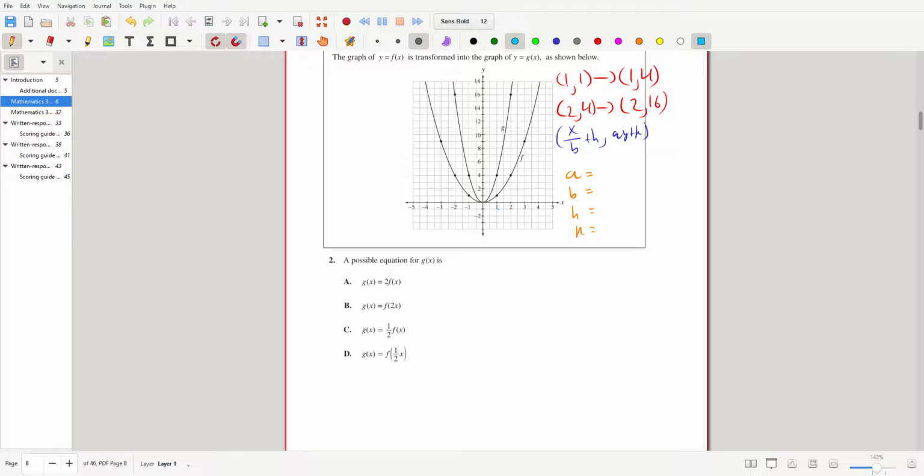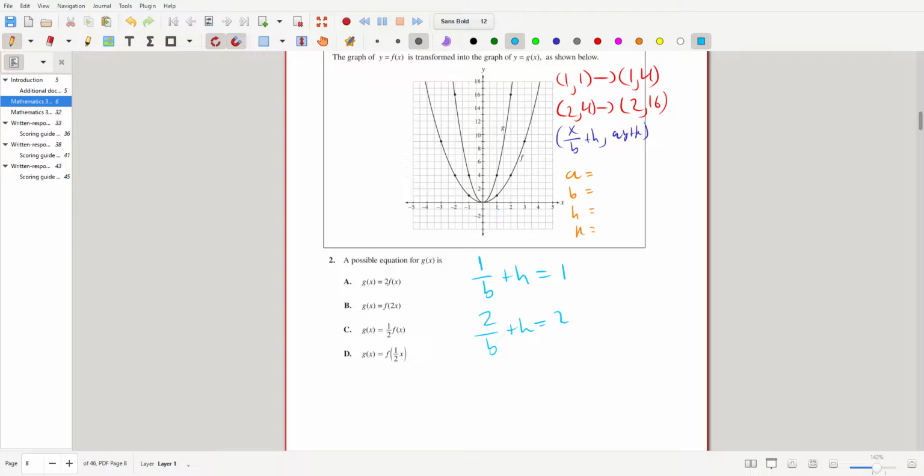I'll start with this one: 1b plus h equals 1. Where am I getting these two numbers? For this spot, it is here, and for this spot, it is here. Now let's do our second one: 2b plus h equals 2.